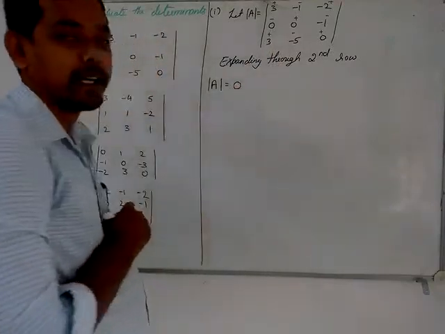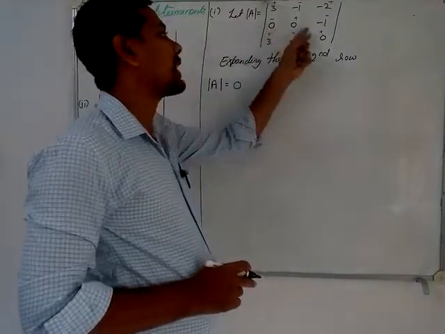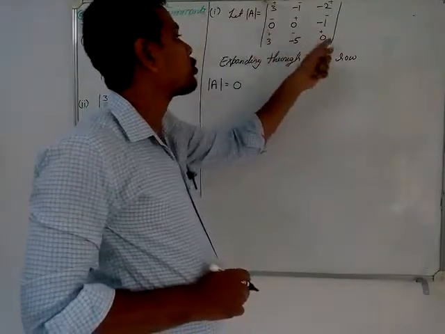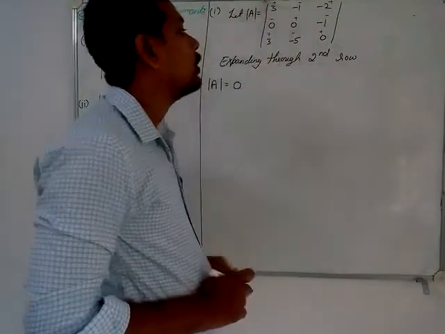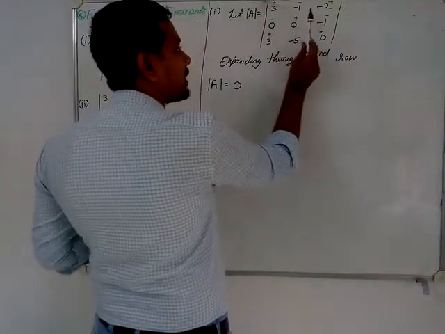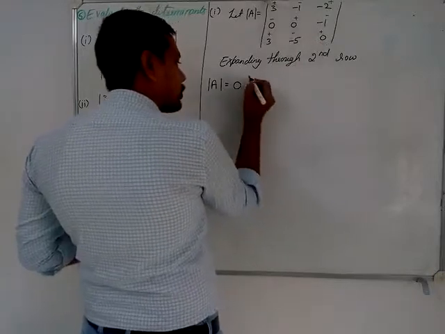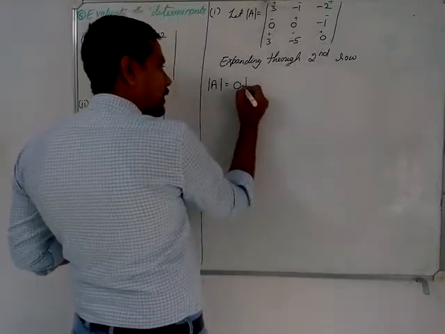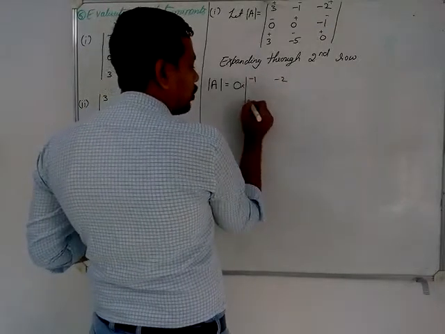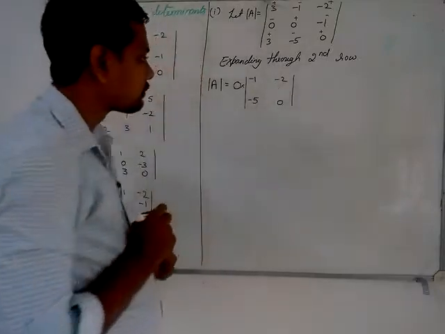Write it as it is. This 0 belongs to the second row and the first column. So neglecting the second row and first column, the elements left are minus 1, minus 2, minus 5, 0.